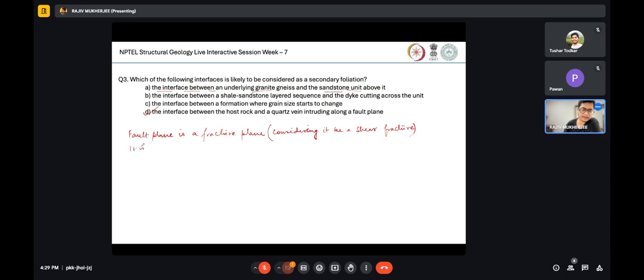It is a plane where maximum shear has localized, and it is associated with deformation, right?